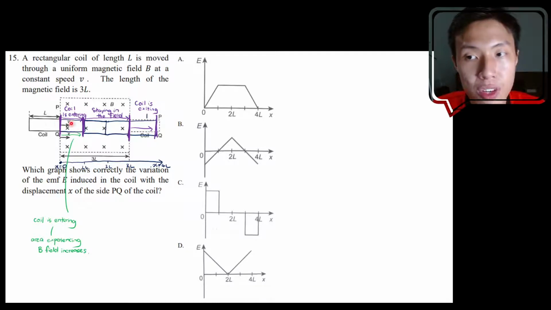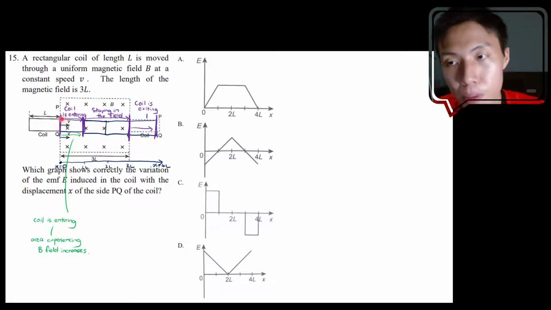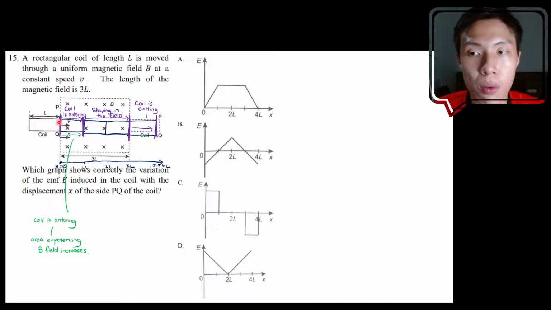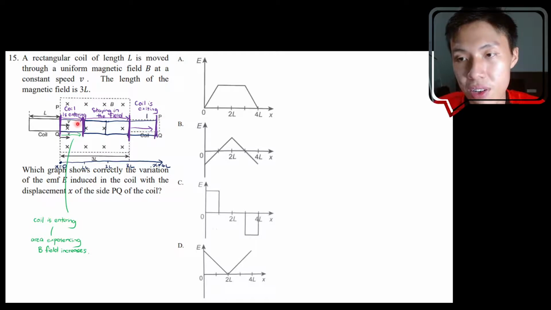So when it's gradually entering, the area that is experiencing the magnetic field will increase until PQ reaches 1L, then the whole coil will be experiencing the magnetic field. Remember, before that the area experiencing the magnetic field is 0, but once PQ reaches 1L, the area experiencing a magnetic field is the maximum area already.